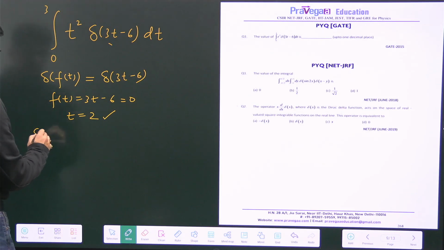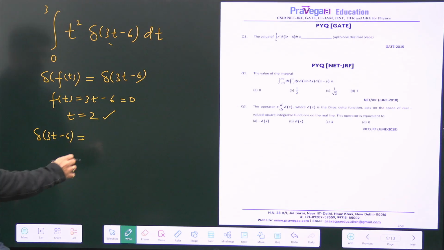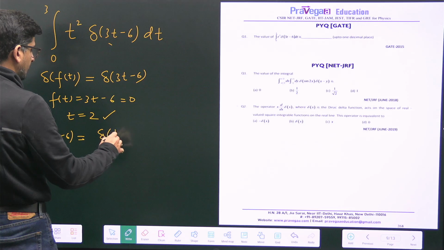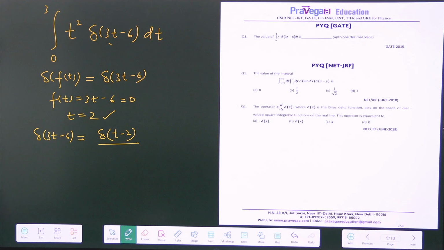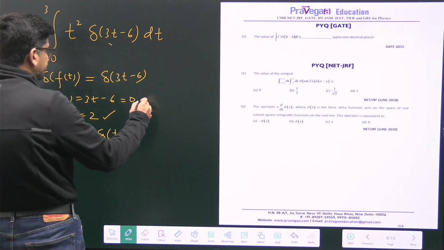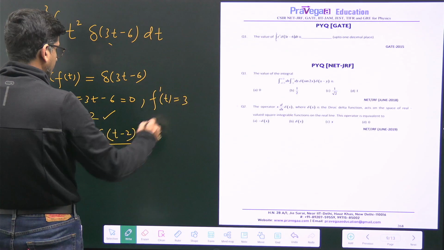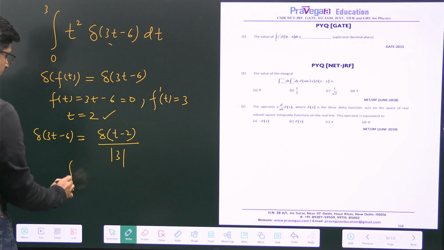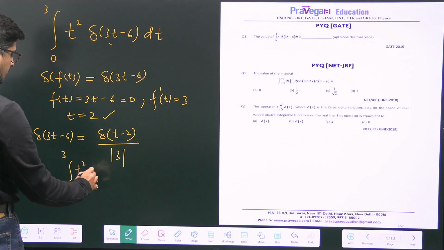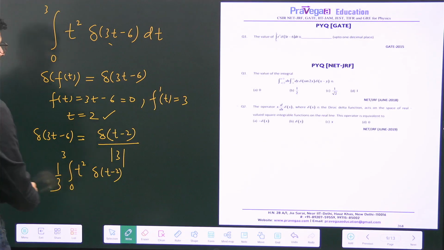So delta function 3t minus 6 is equal to delta function t minus 2 upon mod f dash. f dash is 3, so mod of 3. So replace this. It is the integral from 0 to 3 of t square delta function t minus 2 upon 3.